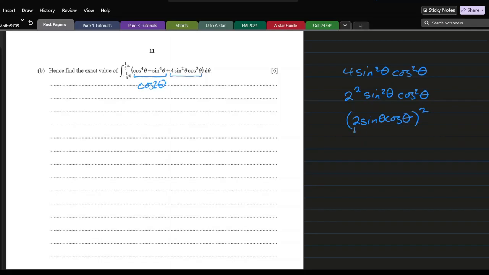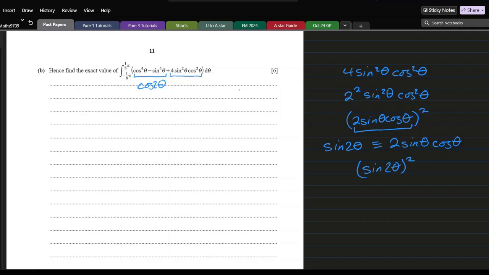Now you should know that we've got a double angle for this expression that we have in the bracket in sine 2 theta. So sine 2 theta is identical to 2 sine theta cos theta. So it means that that can be written as sine 2 theta squared. Alright.